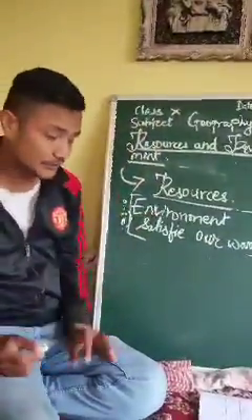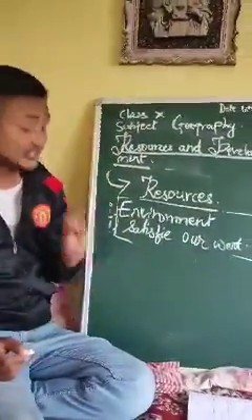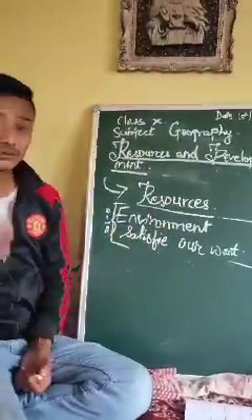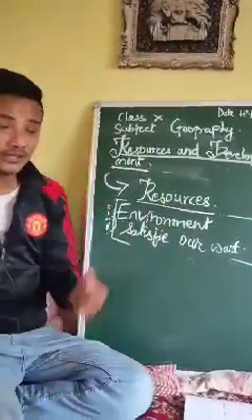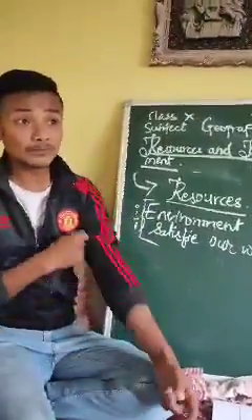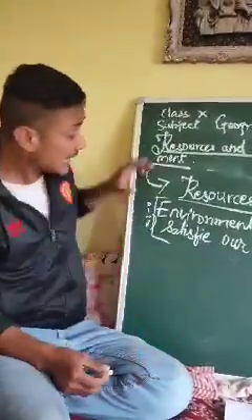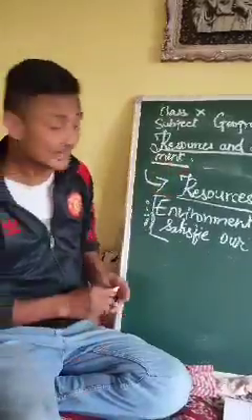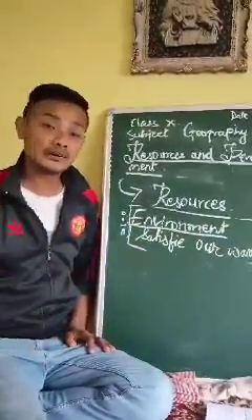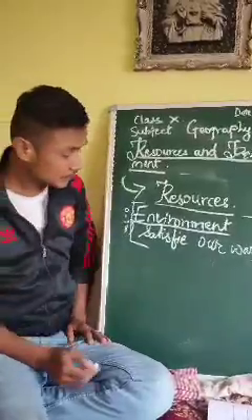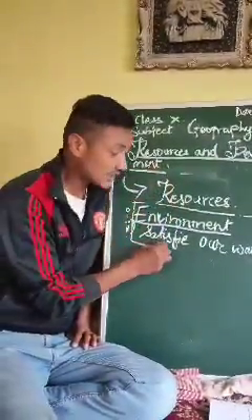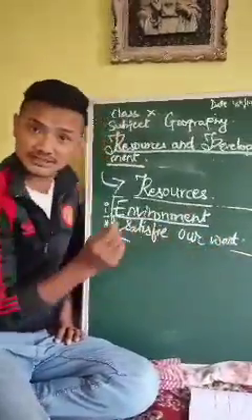At first, in case of resources, everything which is available in our environment. When you get outside or when you are inside the room, you are surrounded with environment. There are different types of environment, and resources we get in our environment, that means in our surroundings. And the second point is that resources have the capability to satisfy our wants.